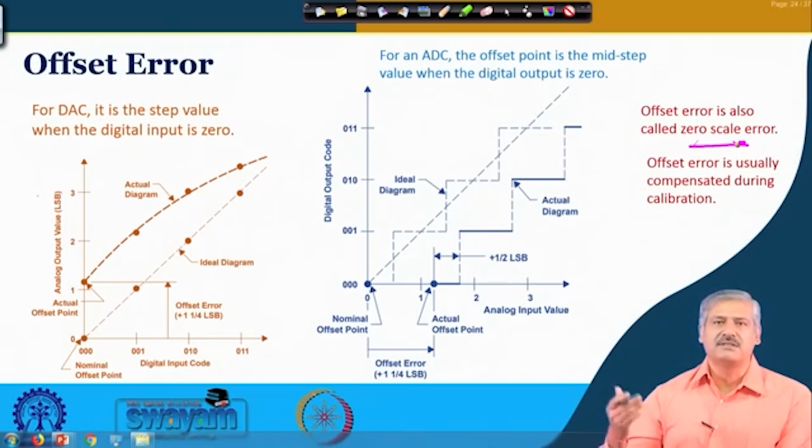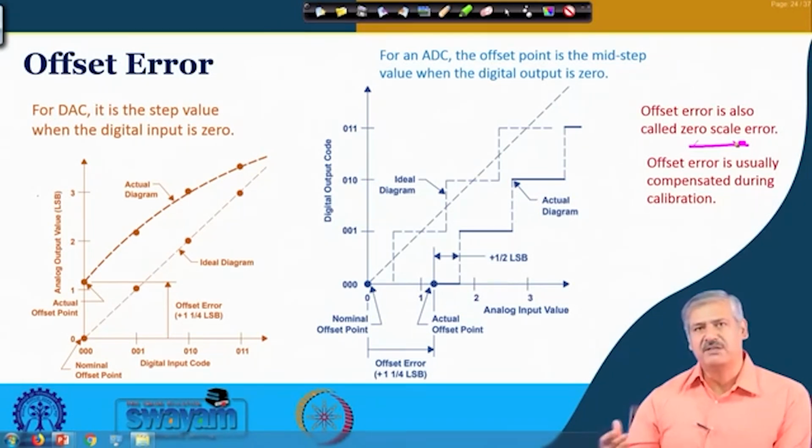When we discussed certain performance issues of ADC in the earlier classes, regarding how fast it works, or how many bits can be associated with cost and other things, these are certain things we didn't discuss, so we are taking them together.